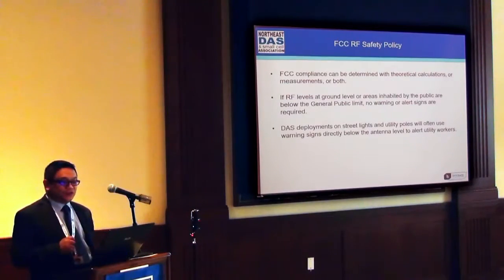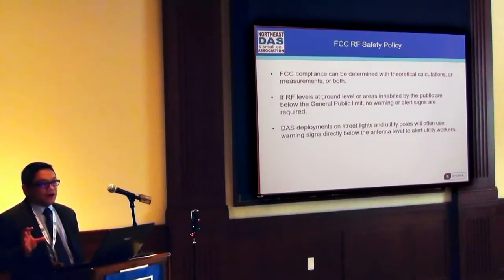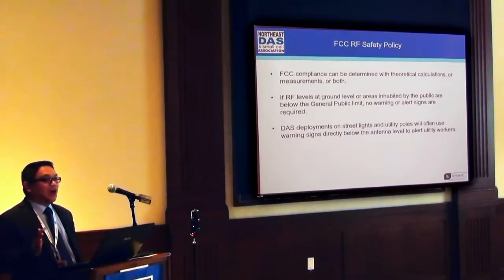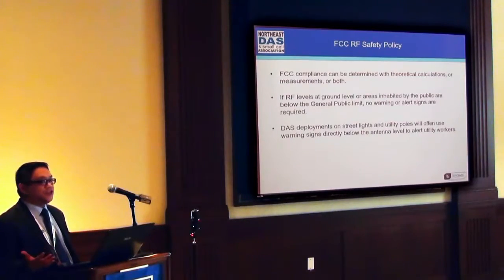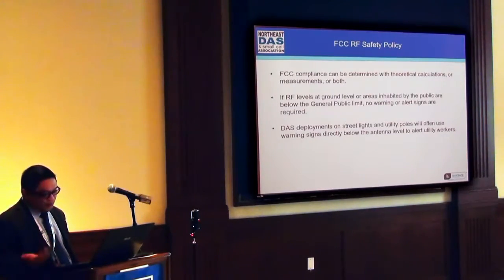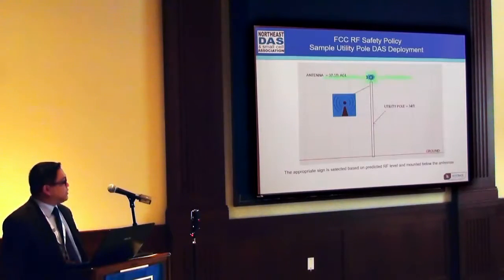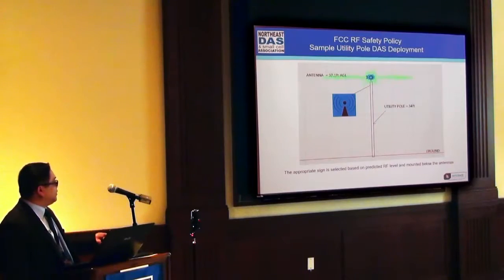Now, if the RF levels on the ground areas are above the FCC exposure limits, there are a lot of things that can be done. One of them is to increase the height, or another is to lower the power. All of these can be looked at and analyzed. Here's an example of a situation where you would need to put signs on a pole.